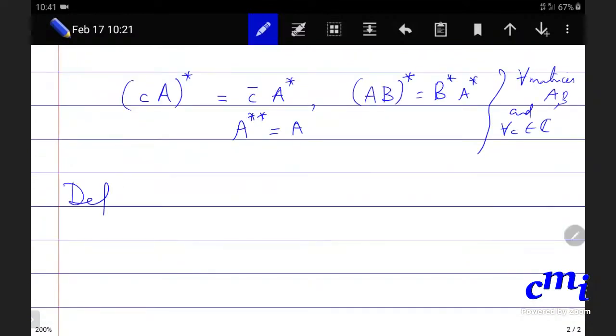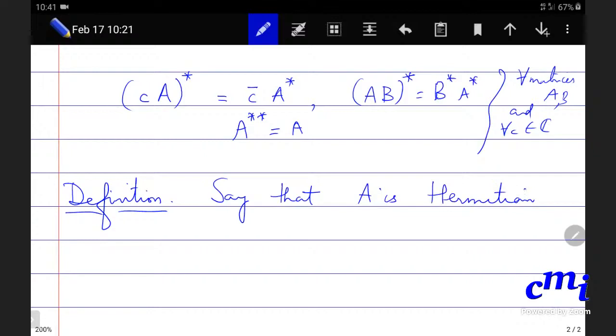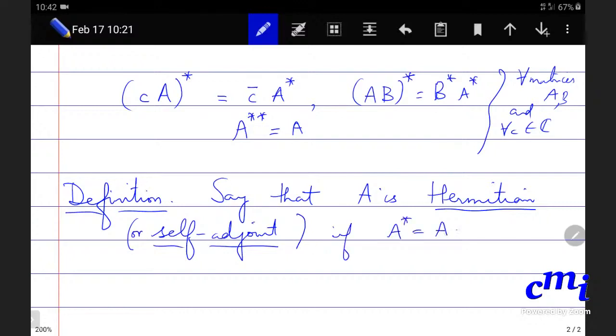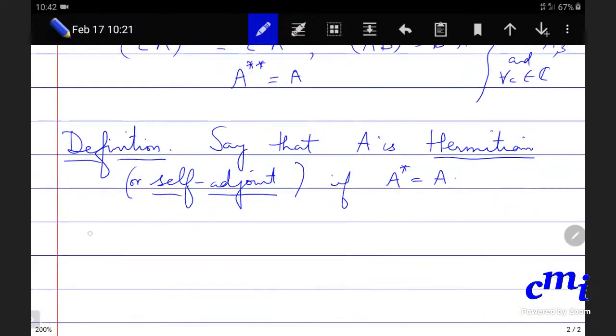Definition. We say that a matrix is Hermitian, or sometimes called self-adjoint, if A star is A. So this is the notion analogous to real symmetric matrices.